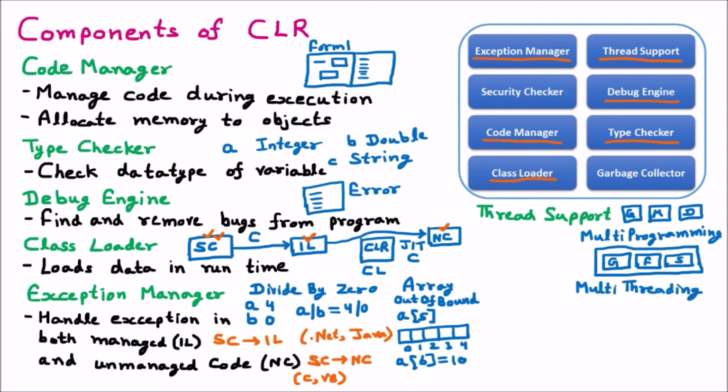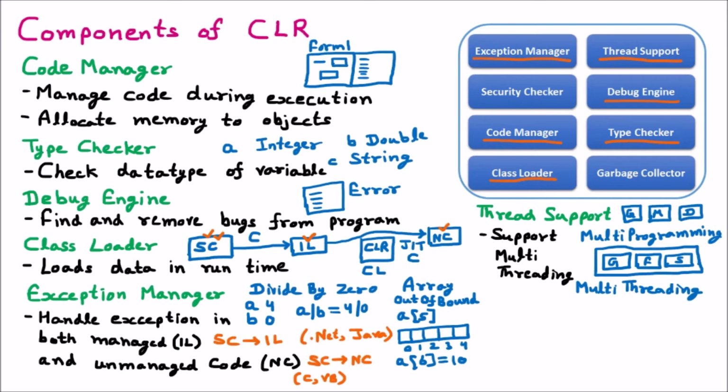So if we talk about the CLR, thread support is the component. That means whenever you are making a program where we are having multiple threads executing in parallel, that is taken care of by the thread support, or we can say that it supports multi-threading. If we differentiate multi-programming and multi-threading, whenever we are doing different types of tasks which are not interrelated, it is called multi-programming.